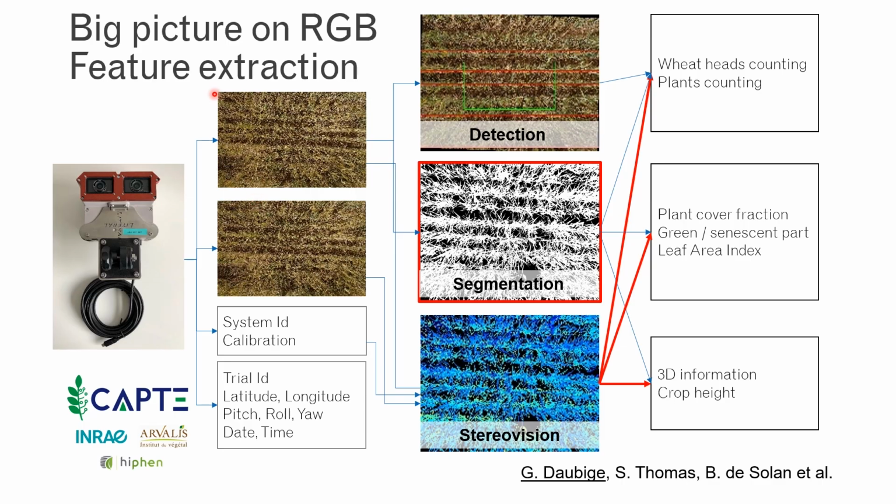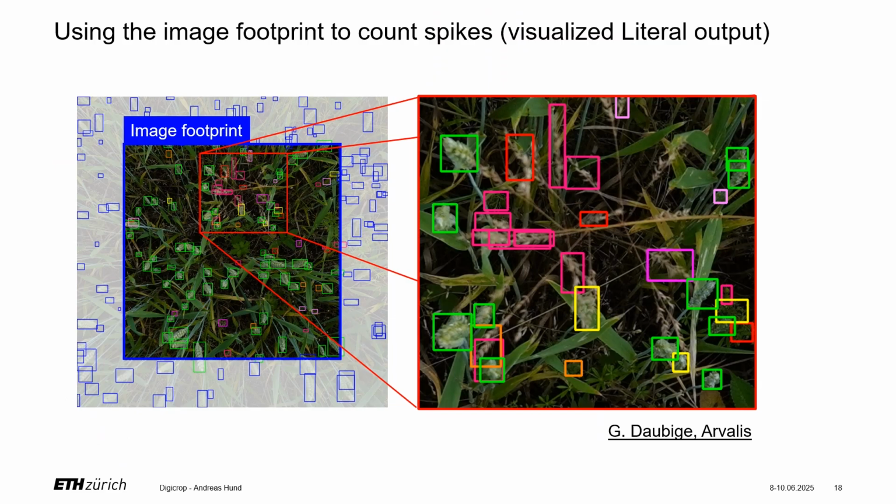What I believe is very important is that you have some sort of stereo vision or 3D information from your plot, because this gives you, for example, height, but it also gives you orientation of organs and helps you to get volume. Segmentation from images, and also some counts, like the famous wheat head detection counts.